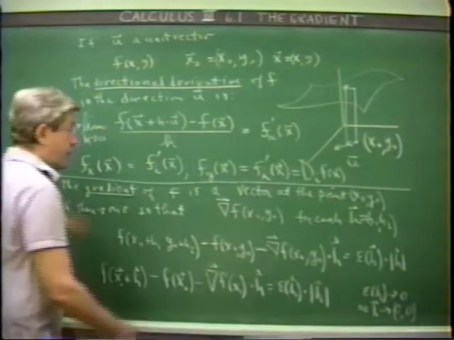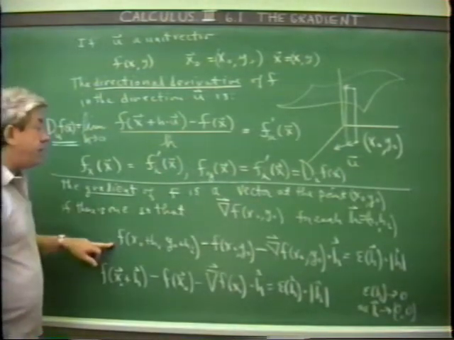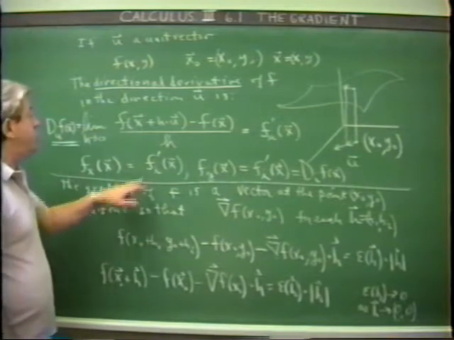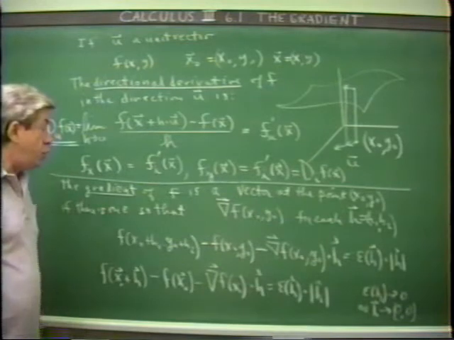Right? So it's a vector here that satisfies this. And when we see the properties of this vector, we'll see that we can use it very easily to evaluate the directional derivative at any given direction u.